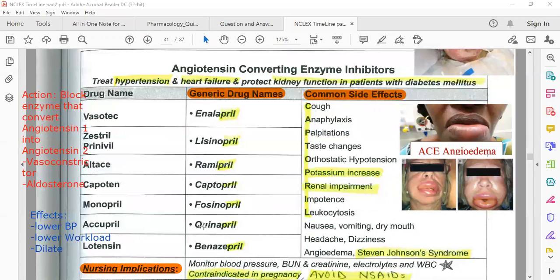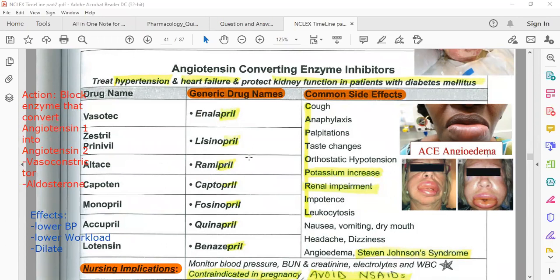So drugs that end with PRIL are ACE inhibitors. The most common drugs we use are enalapril, lisinopril, captopril, or ramipril.